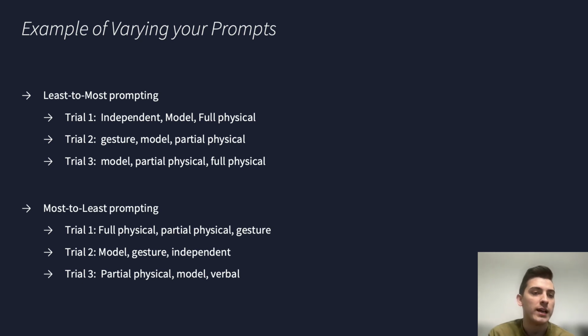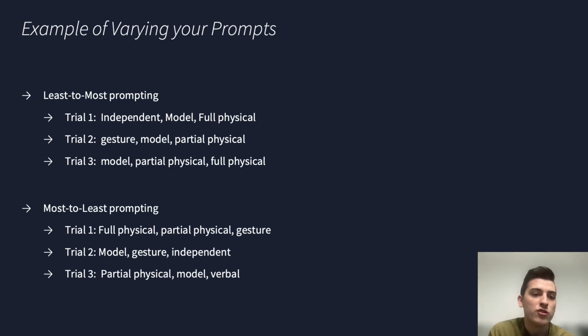Trial 2 may look like a gesture, a model, and then a partial physical prompt, whereas trial 3 may look like a model, a partial physical, or a full physical, and these can be used interchangeably as long as you're keeping with the order of the least to most prompting.